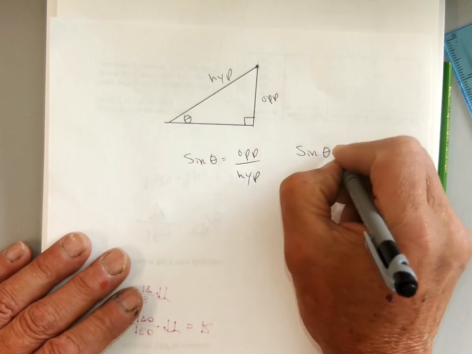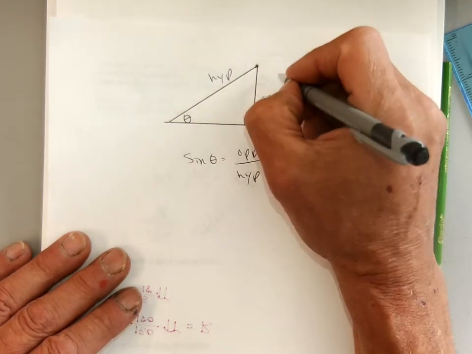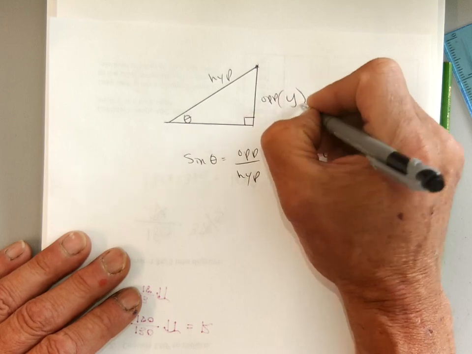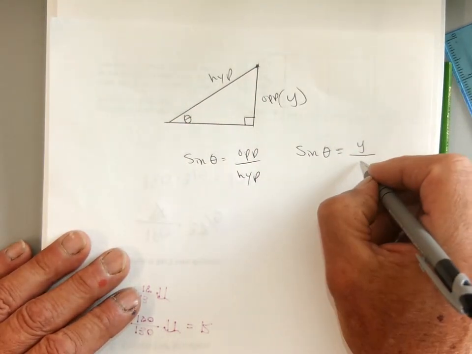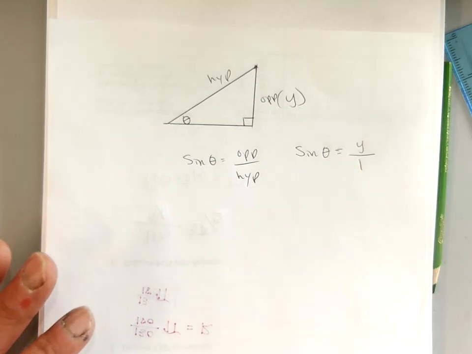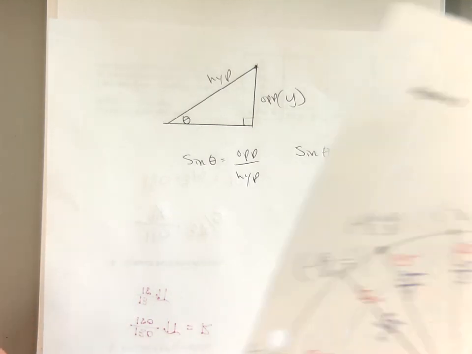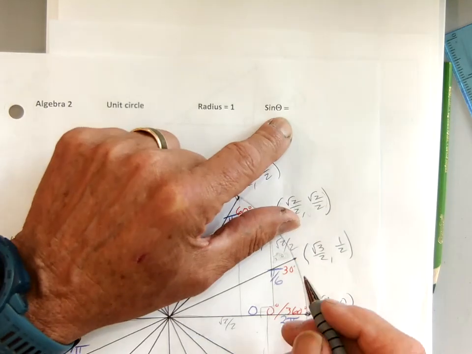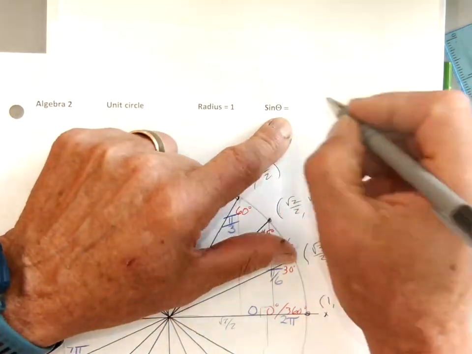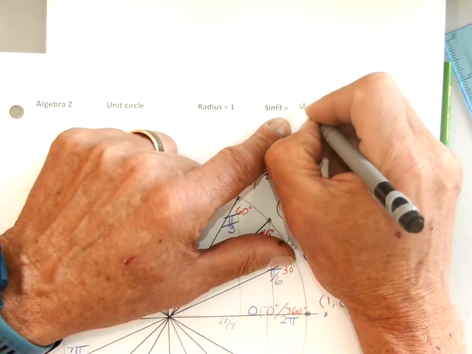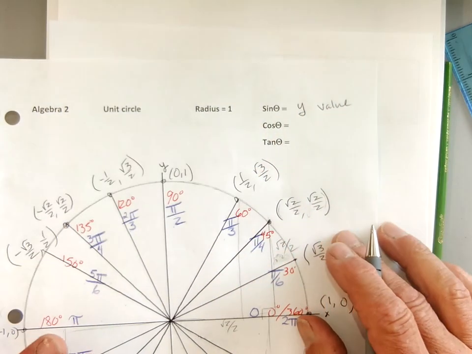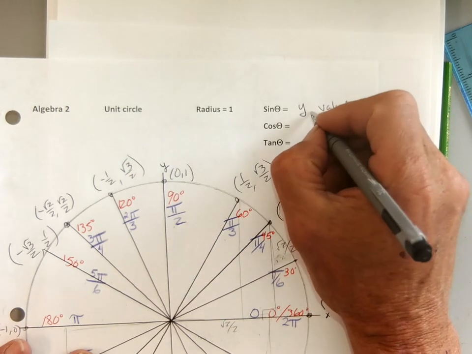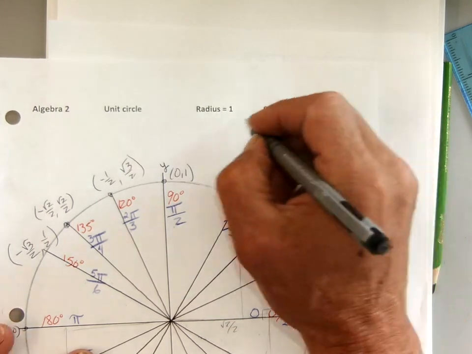Sine of theta is equal to the y value over my hypotenuse, which is now 1. So we're going to add to our unit circle: the sine of the angle is simply the y value of our point. It is y over r, but we know r is 1.